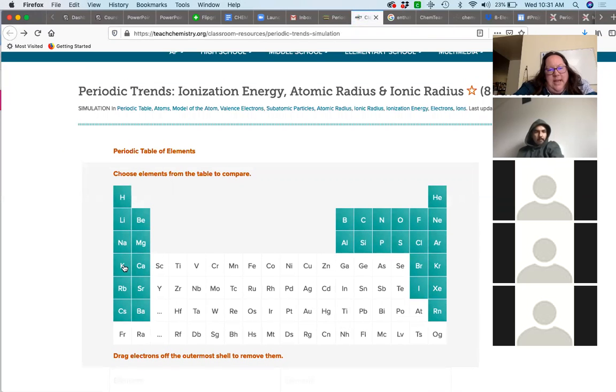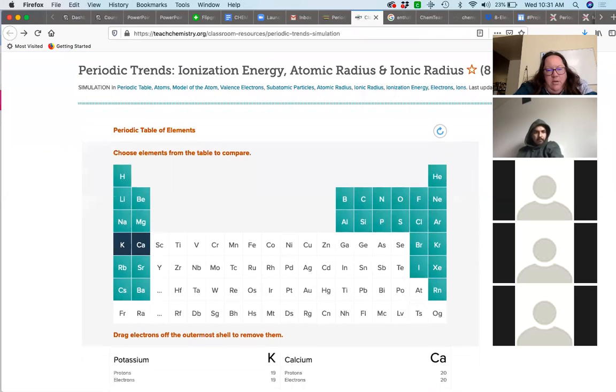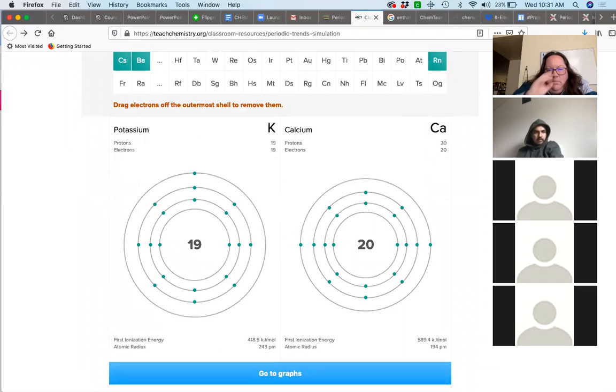So for example, let's say I chose potassium and I chose calcium, and I wanted to be able to compare those two. So notice potassium has a slightly larger atomic radius than calcium does.